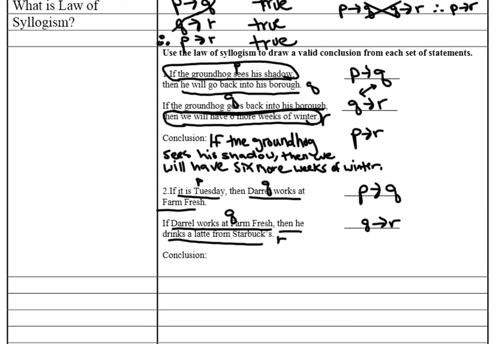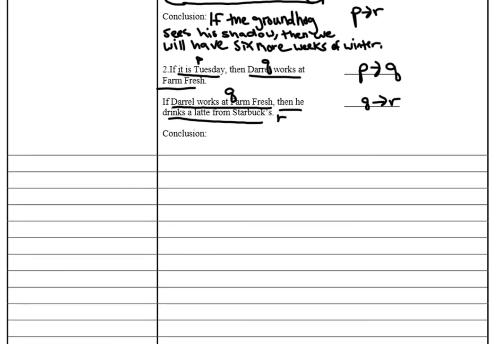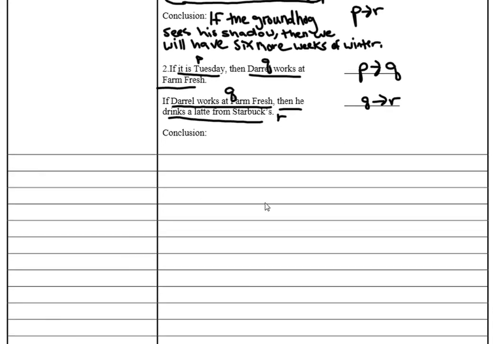Okay, and you also have to be very flexible because sometimes you're not going to see your statements given as if-then statements. So for example, let's just say I said all vegetarians do not eat meat. And then I tell you that Miss Flip is a vegetarian.